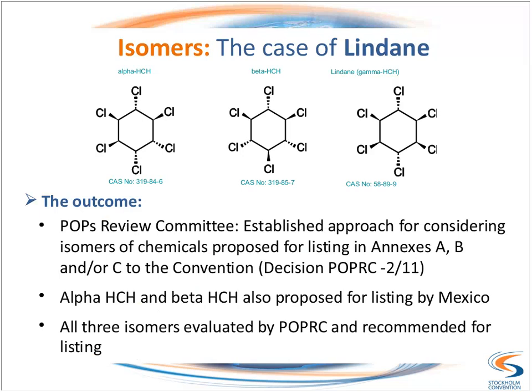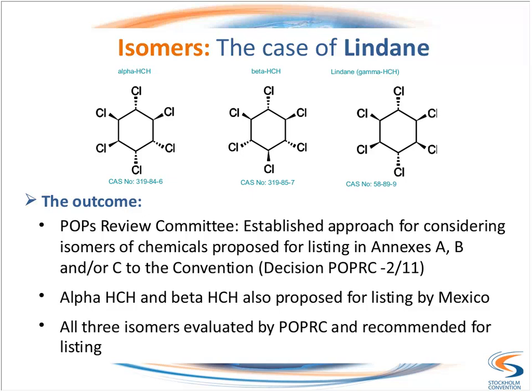Because the POPs review committee knew that there were big piles of alpha and beta laying around in the environment. And if only lindane had been listed, then in the future, any lindane production would have been forbidden, and any waste of lindane would have to be destroyed. But alpha and beta, these big piles, would have no special attention because they were not assessed as POPs.